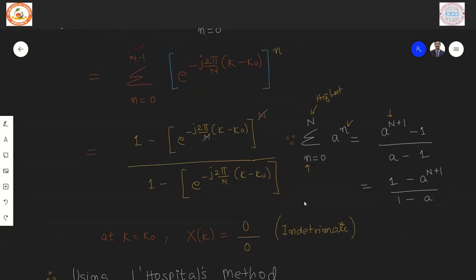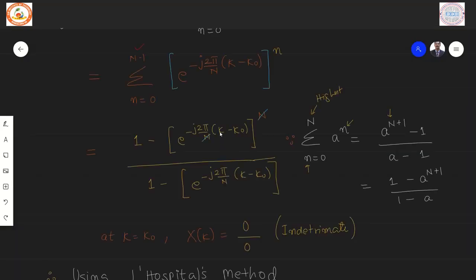Now this expression, if you try to solve it for k is equal to k naught, this term becomes 0, and anything to the power of 0 is said to be 1. So the numerator is 1 minus 1, which is 0, and the denominator is also 1 minus 1, which is 0. Therefore, it is said to be indeterminate.